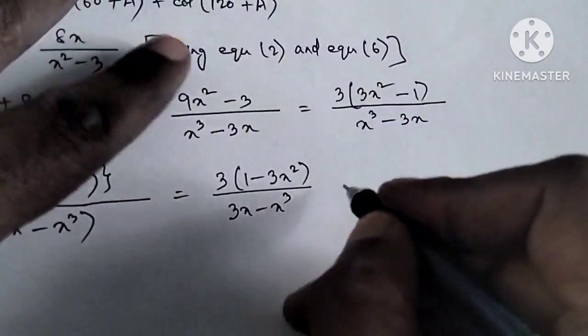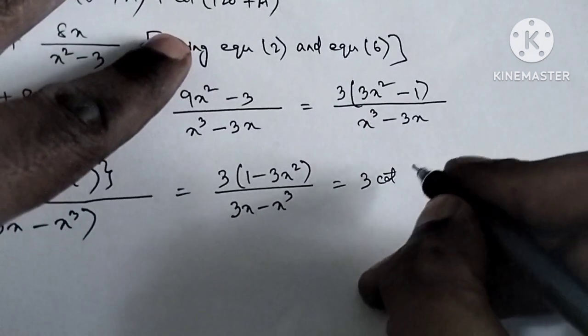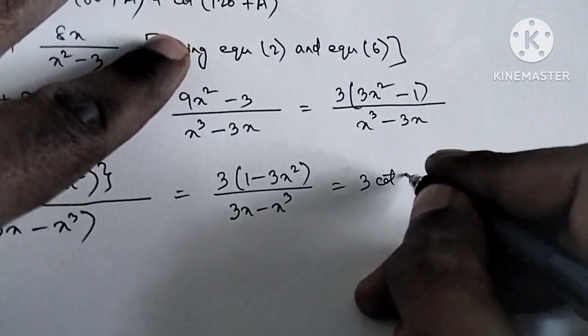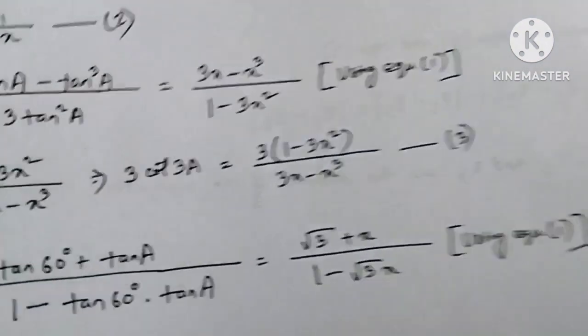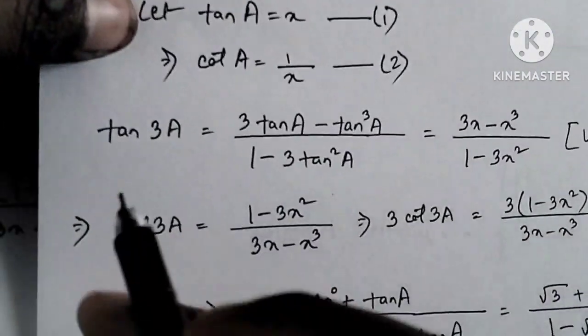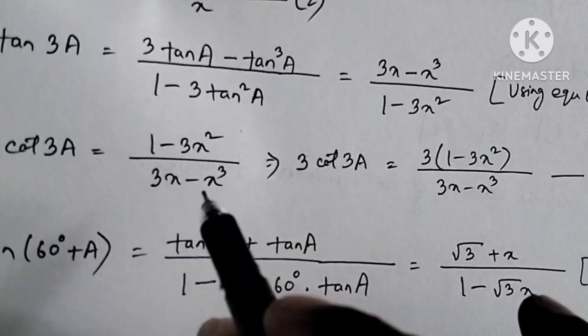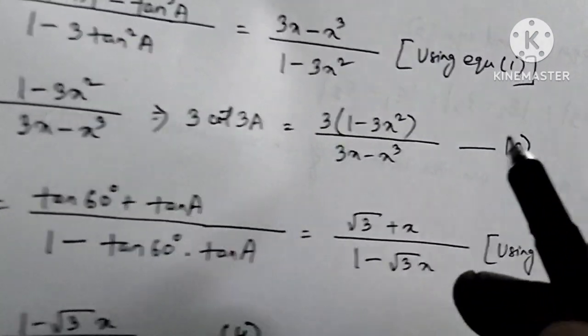So this we can write as 3 cot 3a. We have seen earlier, we had proved that tan 3a is this one, so cot 3a will be this one, so 3 cot 3a will be this one, equation 3.